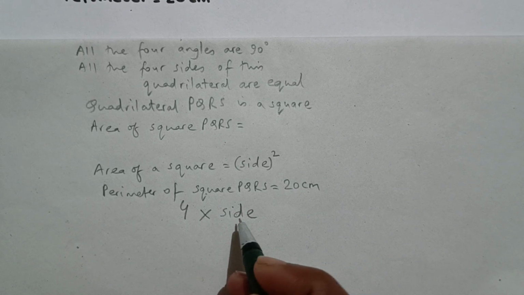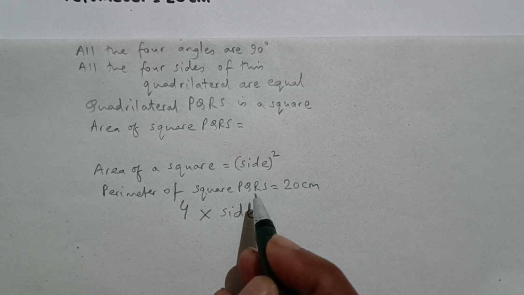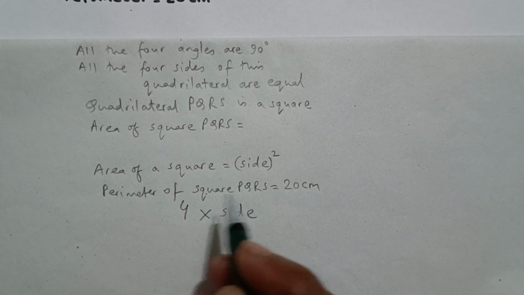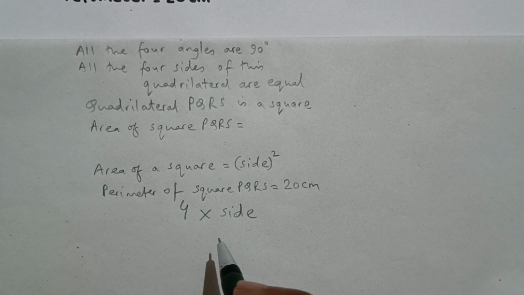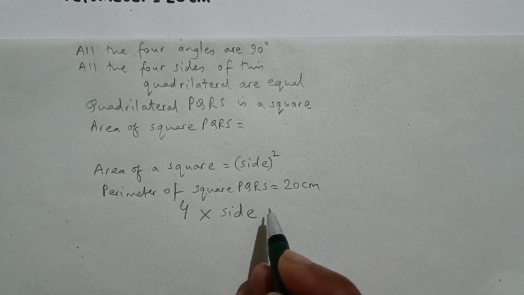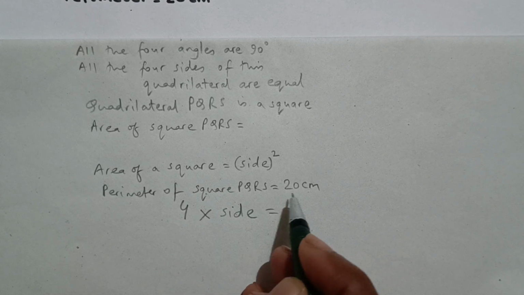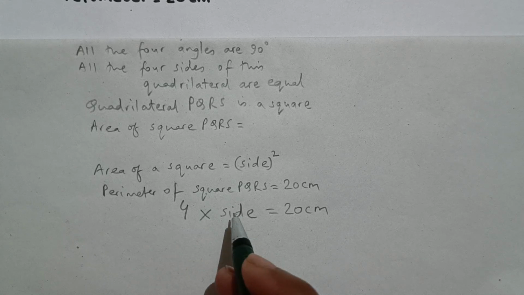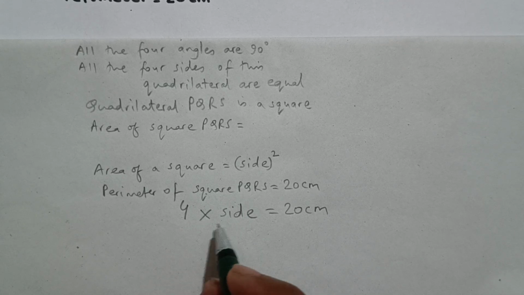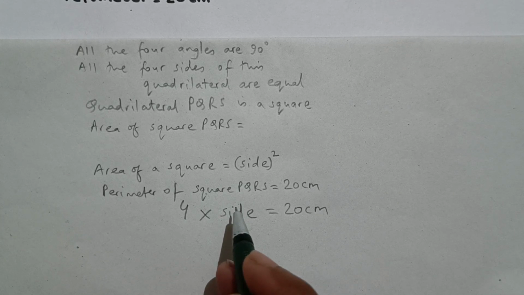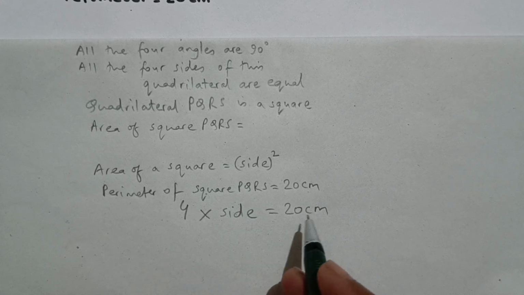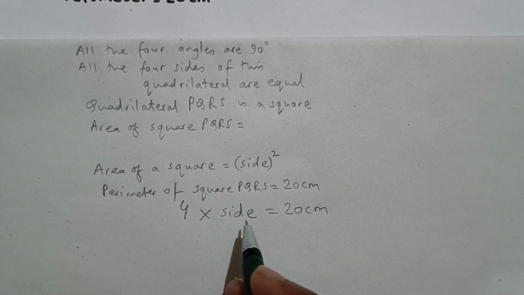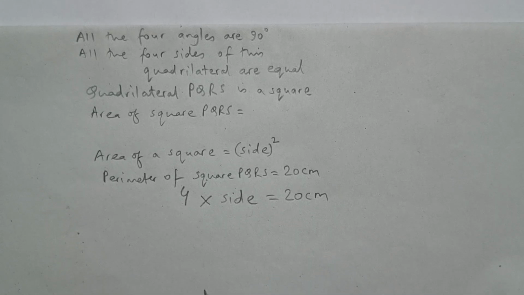So 4 times the side of square PQRS is 20 centimeter.